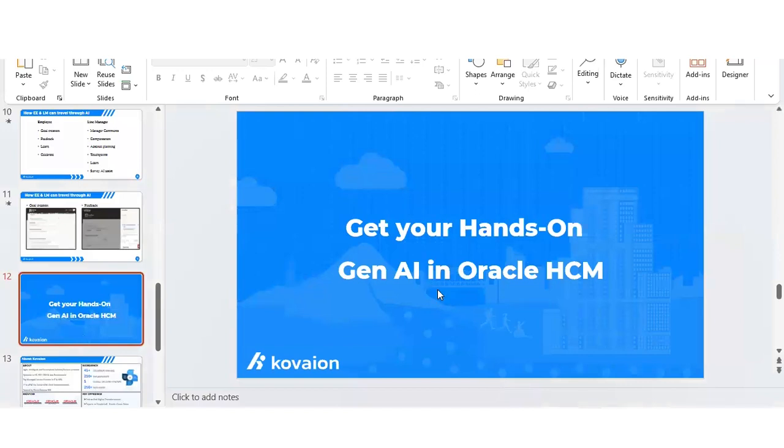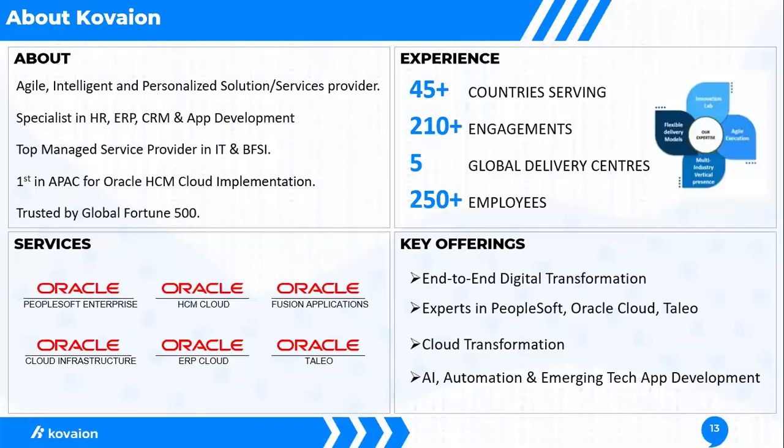So from here, let me quickly move on to the organization side. We are Kovaion, and about us, we are agile, intelligent, and we provide personalized solutions.